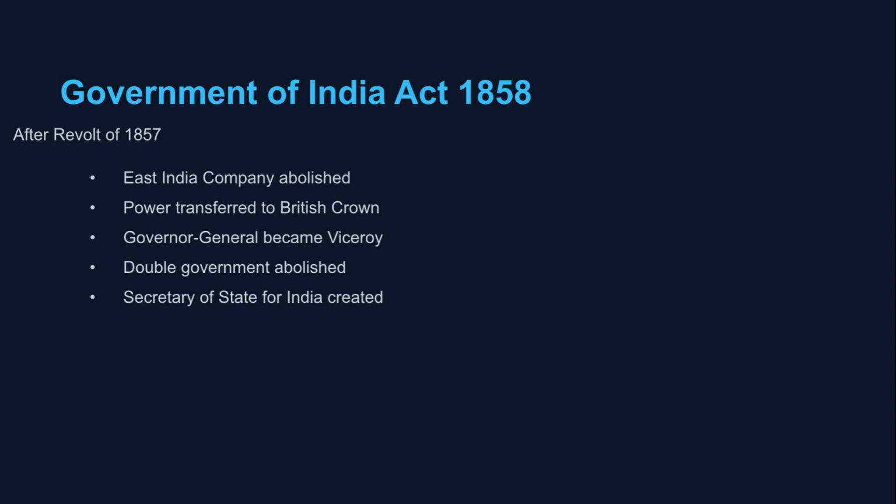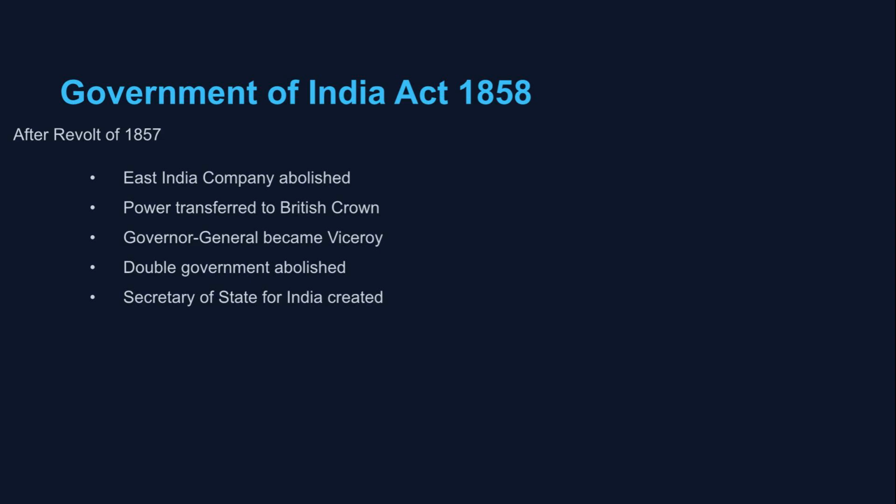All powers of government, territories, and revenues were transferred directly to the British Crown. The Governor-General was now elevated to the title of Viceroy of India, the direct representative of the British Crown. Lord Canning became the first Viceroy. The symbolic shift was profound. Not a merchant company, but the Crown itself now ruled India.